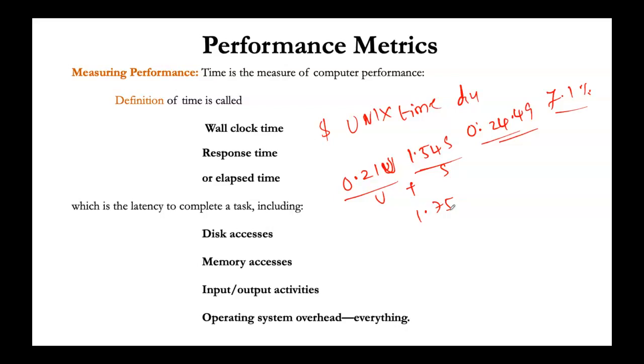And the second step is to divide the total CPU time by the elapsed time. Our elapsed time here is 24.49.